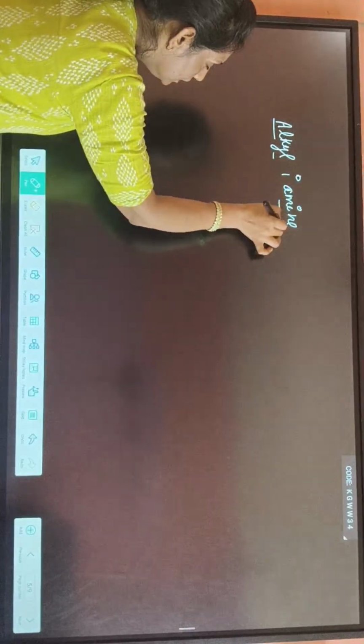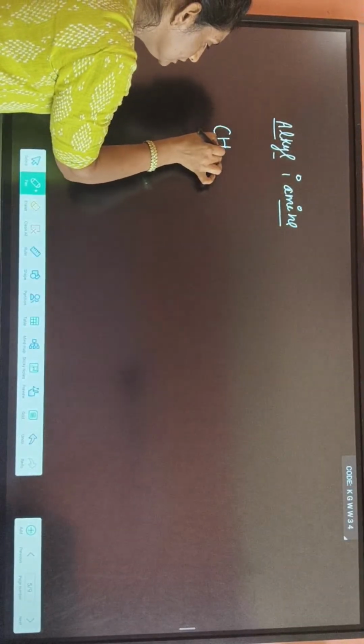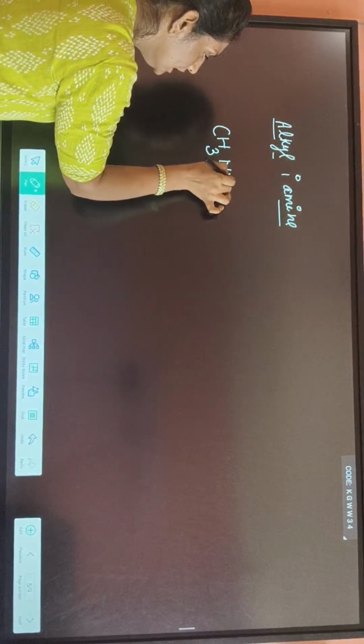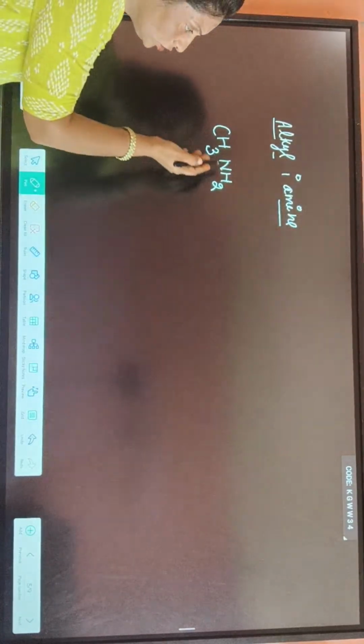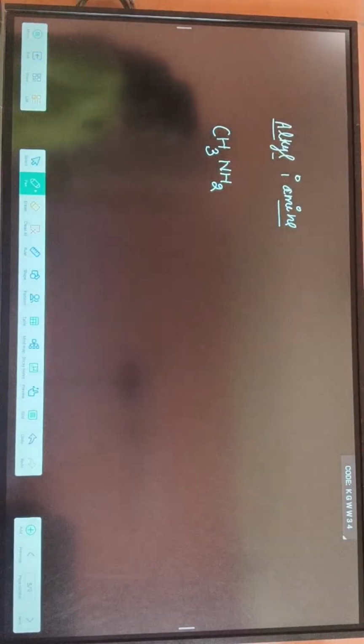Students, actually what will happen, if you have any alkyl primary amine, for example methylamine, okay, methylamine. So here the alkyl group is there and it is a primary amine also.